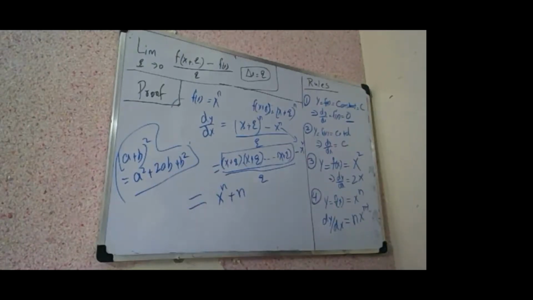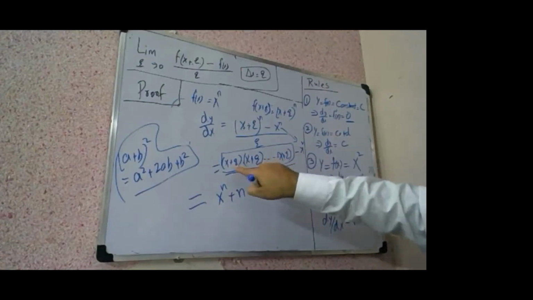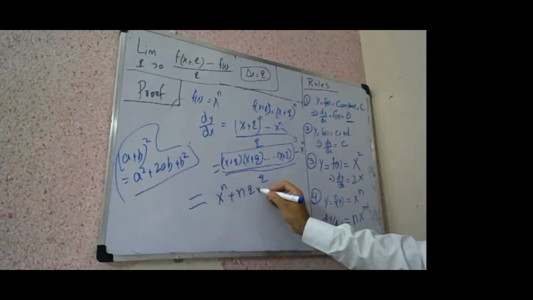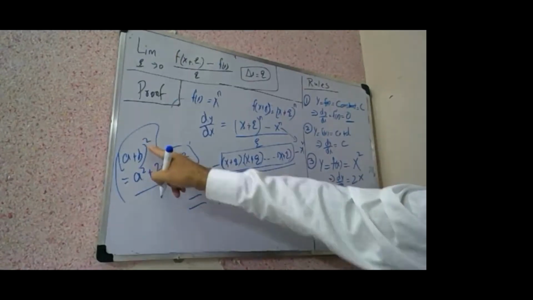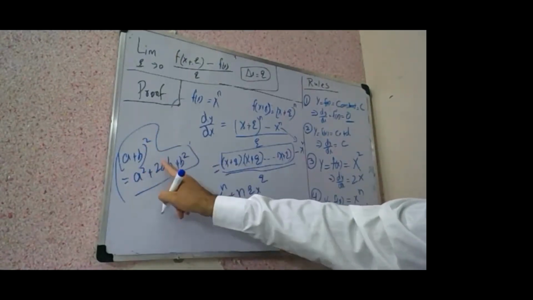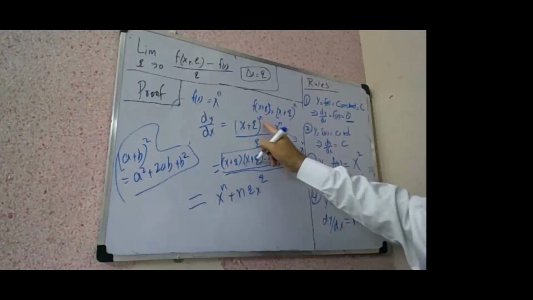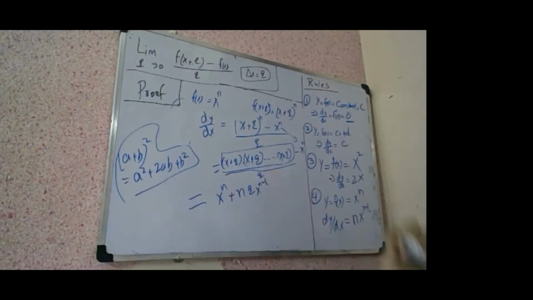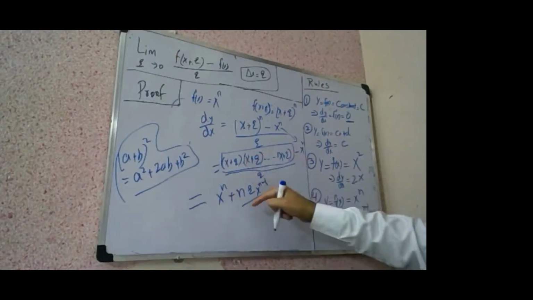It's 1 less than n. So 1 is epsilon, which is b, and x power, because it's less than 2. Here it's 2, here it's 1, so if it's n, it will be n minus 1. This is really important to understand, okay? How did we extract this?